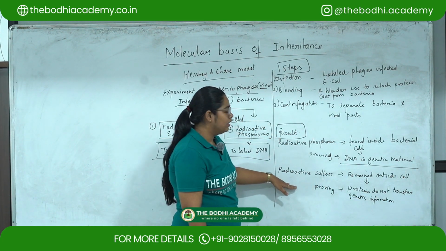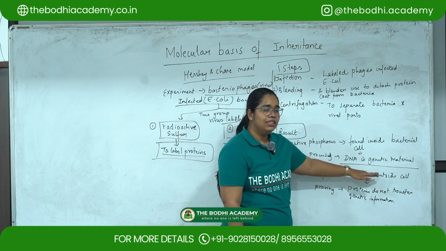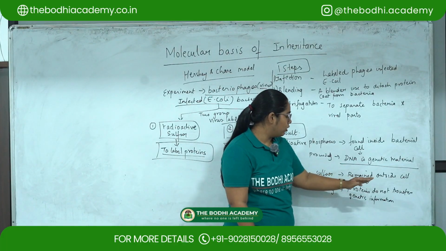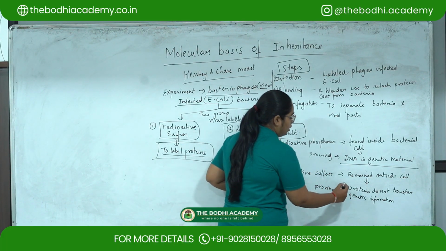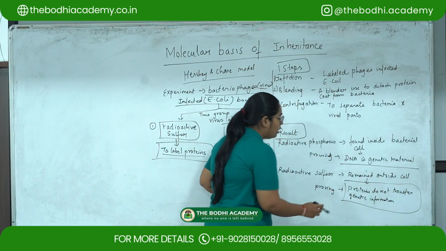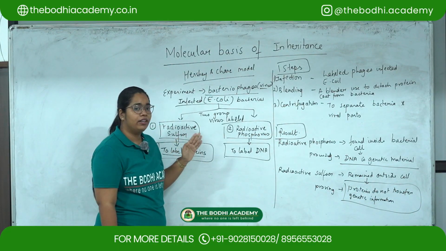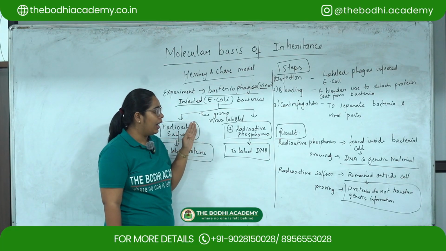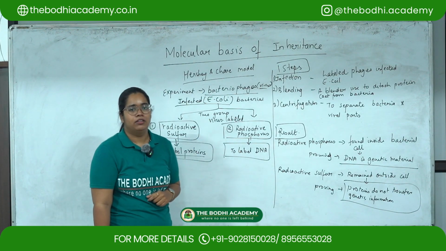The second conclusion was that radioactive sulfur remained outside the cell. This proved that protein does not transfer as genetic material. So this was how Hershey and Chase did the experiment using radioactive sulfur and radioactive phosphorus with bacteriophage and E. coli bacteria to identify that DNA is the genetic material.